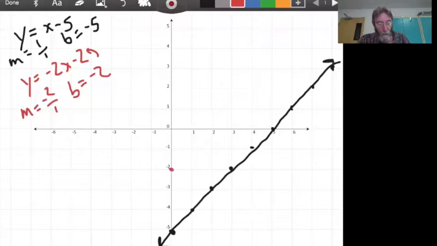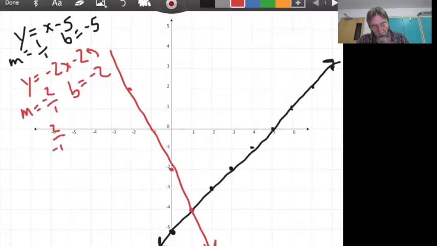And now our slope means negative 2 over 1, so that means down 2, positive 1. Down 2, positive 1. Now I want some points over here as well. So remember, we can also do our slope like this, which means up 2 and then left 1, up 2 and left 1. And we can see that we have a line that looks like this.